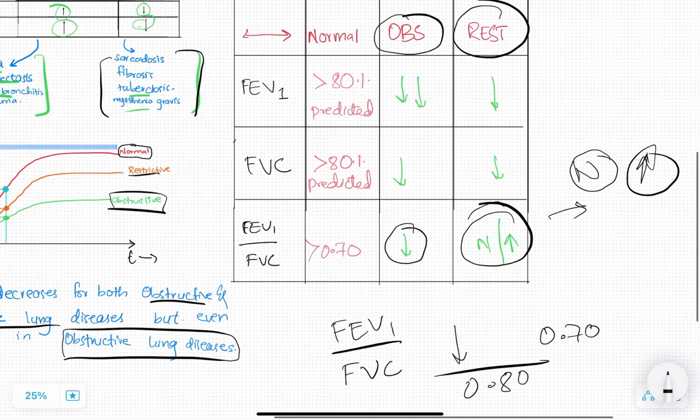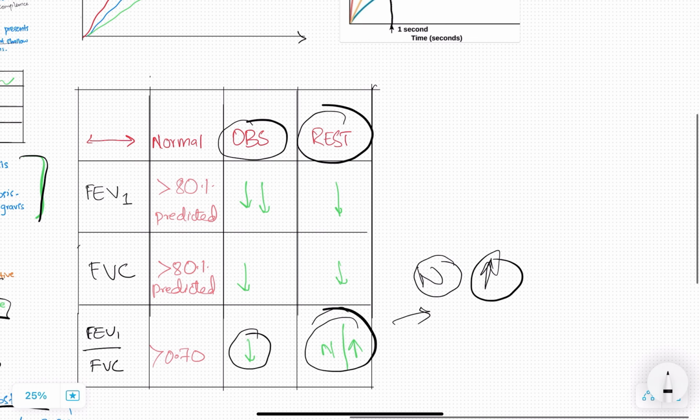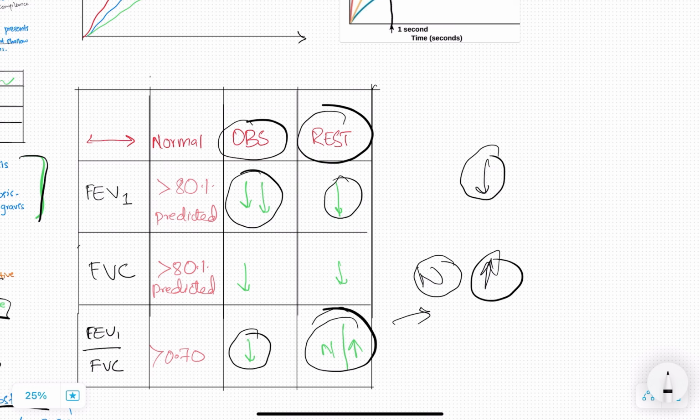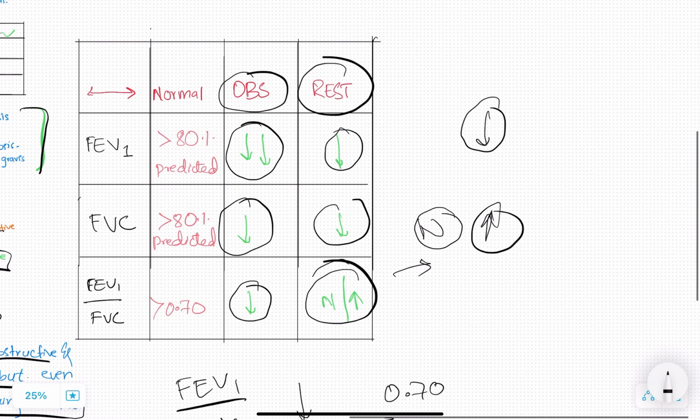Because we've seen here that FEV1 decreases for restrictive lung diseases, but more in the obstructive lung diseases. So the numerator is decreased in a much larger proportion as compared to restrictive lung diseases, whereas the FVC decreases to a similar extent in both restrictive and obstructive lung diseases.